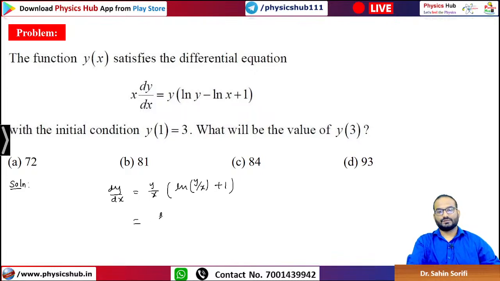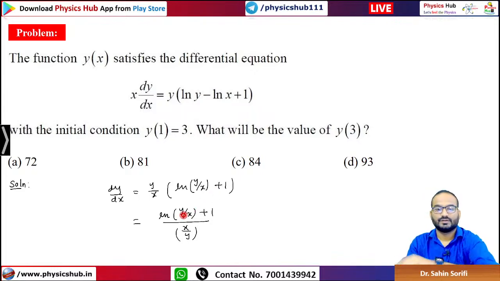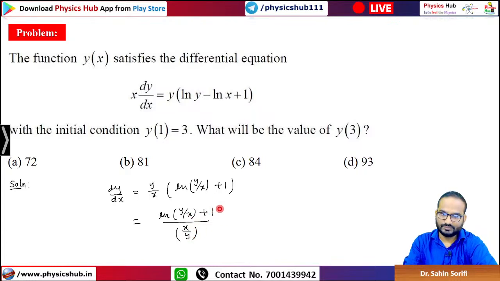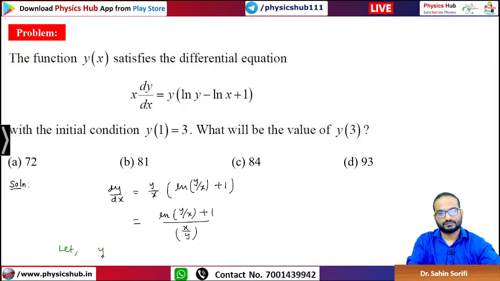We can write it as (ln(y/x) plus 1) divided by x/y. As you can see, y by x has power 1 by power 1, so the effective power is 0 here. So this is a homogeneous form. For this we can directly put y equals vx and dy/dx equals v plus x dv/dx.